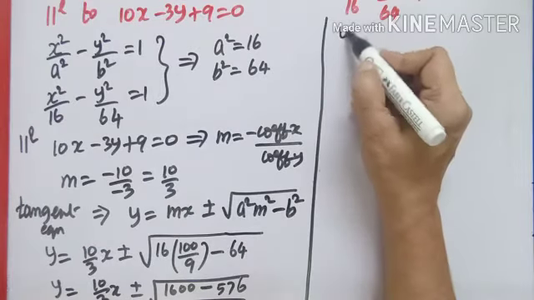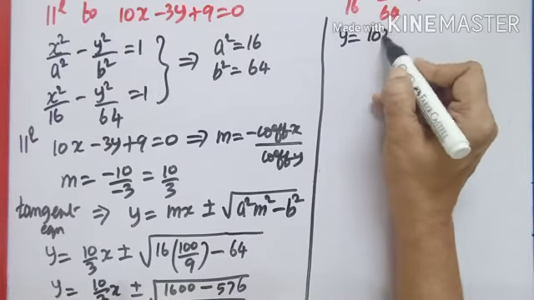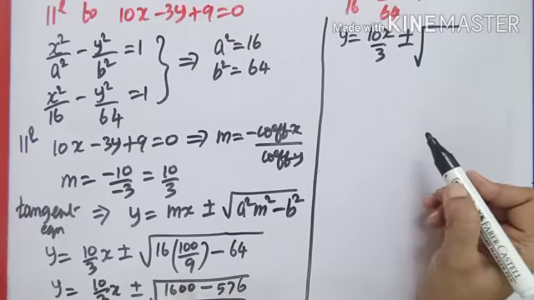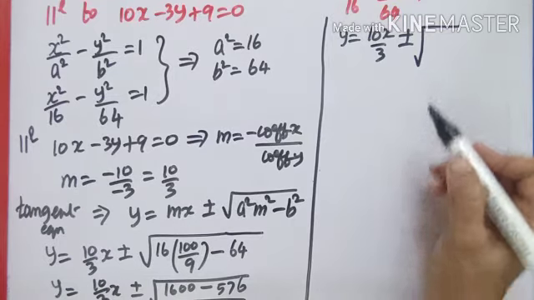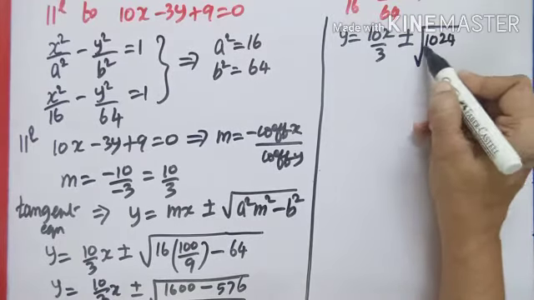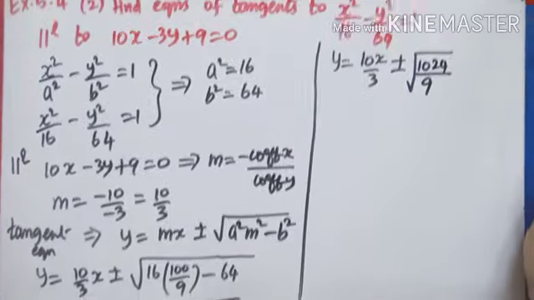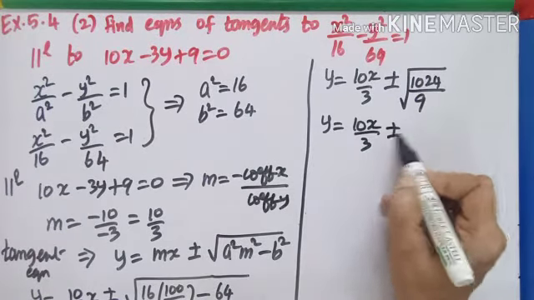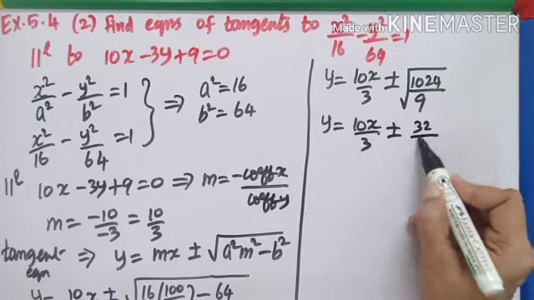As I simplify, y is equal to 10x by 3 plus or minus root of 1600 minus 576, which is 1024 by 9. And we know the square root. y equals 10x by 3 plus or minus 32 by 3.